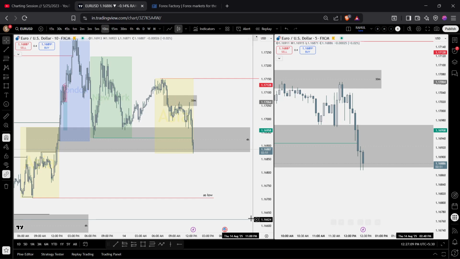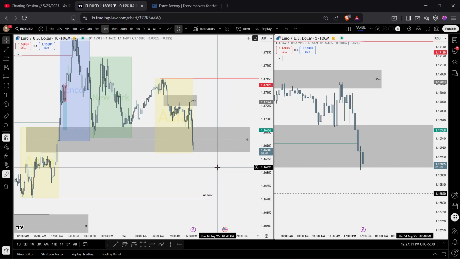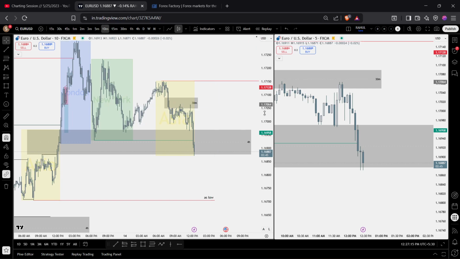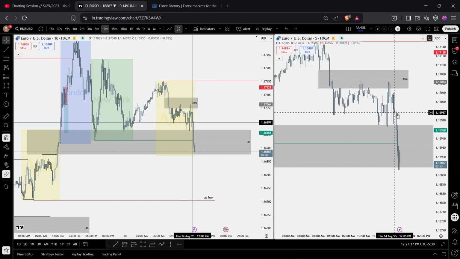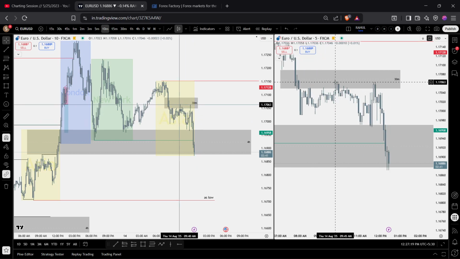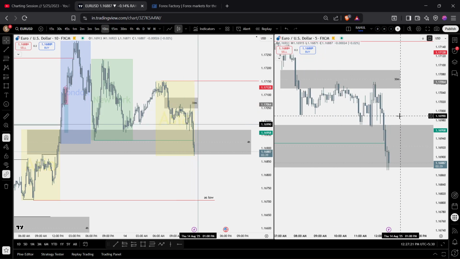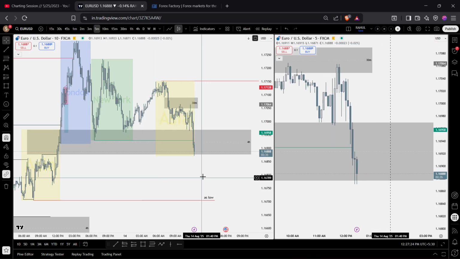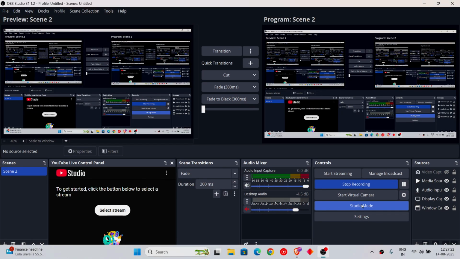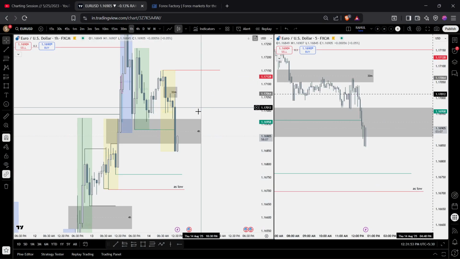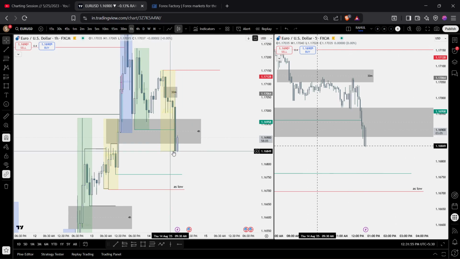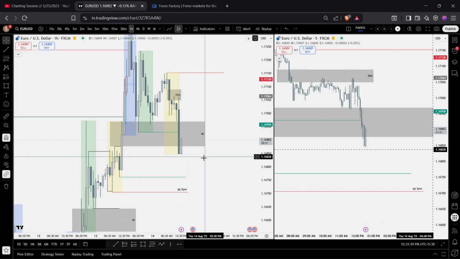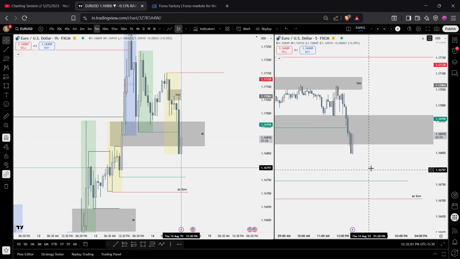London open in 3 minutes. So the 1 hour candle did close below this 4 hour FVG, but the new 1 hour candle is showing a bullish order flow.